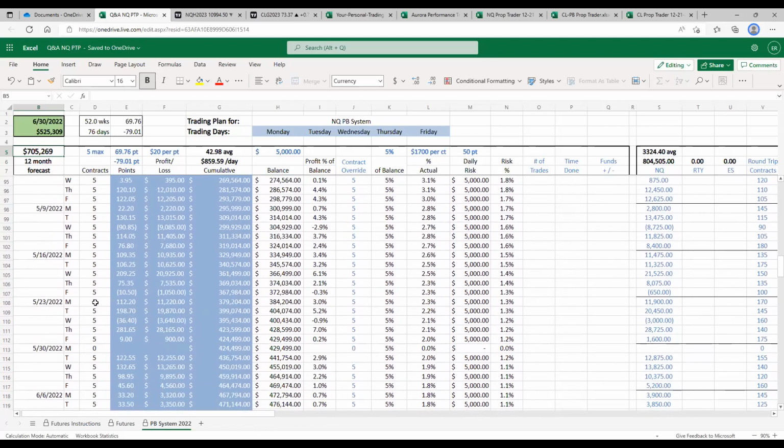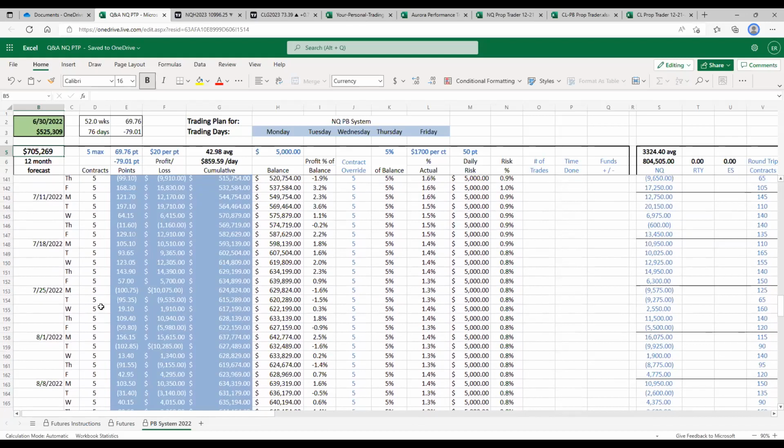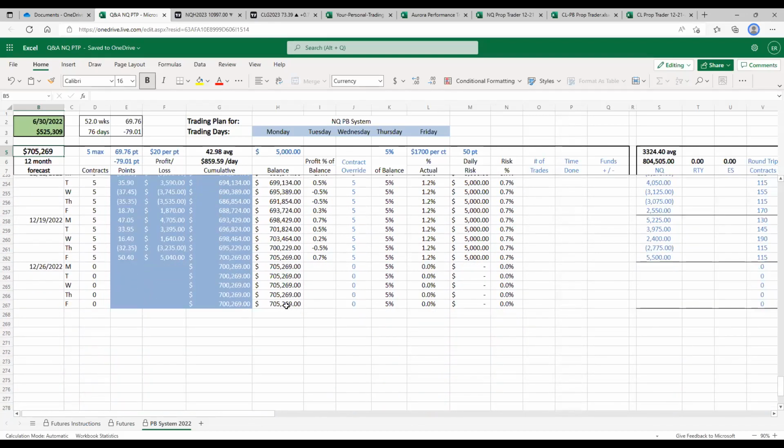And we don't scale past that. We could have, but we stopped at 5 contracts at a time. So we have 5 contracts here and continue on until 5 contracts till the end of the year, where our total balance was $705,269. We started with 5,000, so our cumulative profit was 700,000.